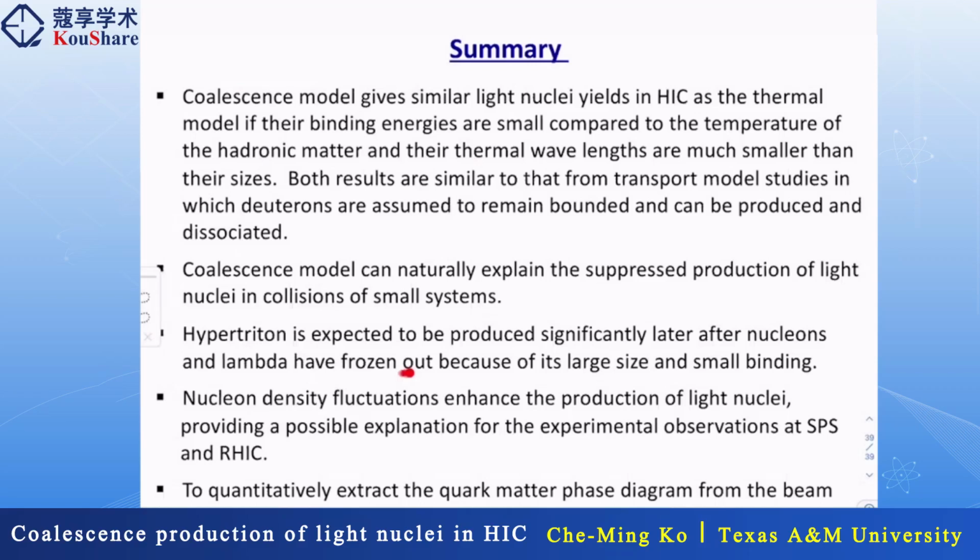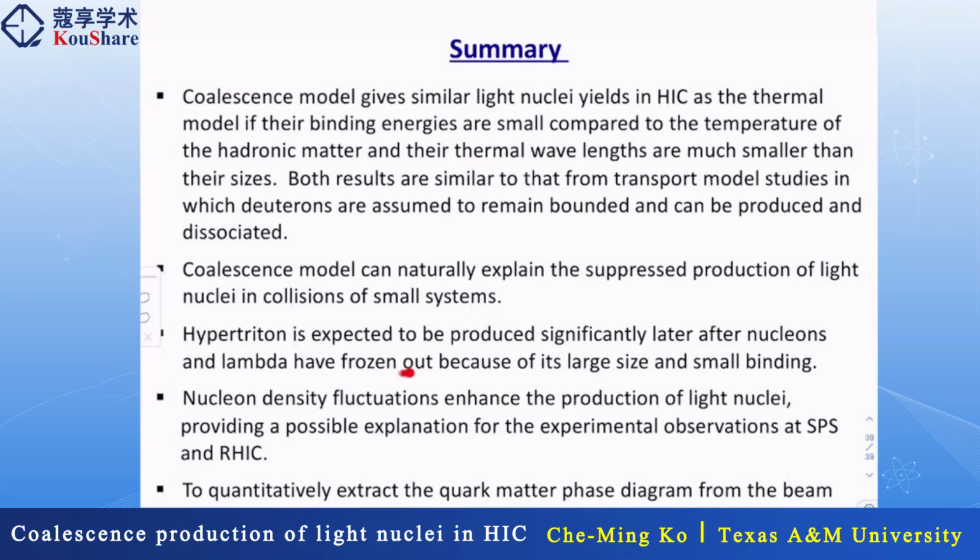The nuclear density fluctuation enhances the production of light nuclei, a possible explanation of the observations at SPS and RHIC, but let's just assume that's the mechanism that leads to enhanced production of triton times proton over deuteron squared. Then you can track the density fluctuations. Whether that's correct or not, we don't know.